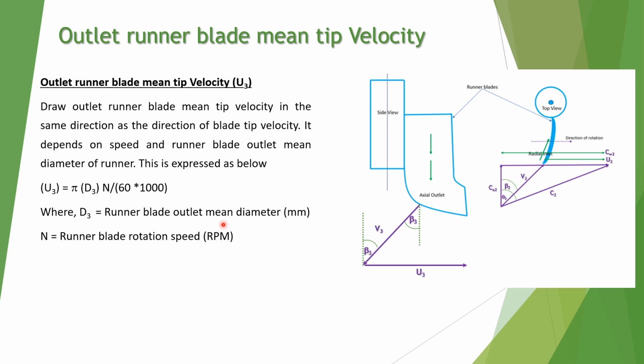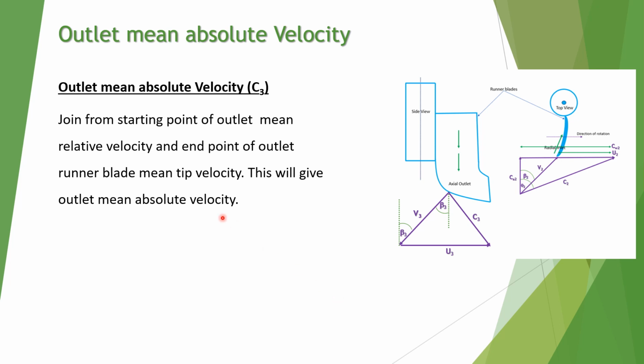D3 is the runner blade outlet mean diameter in millimeter and n is RPM. So through this we can calculate U3. Then the outlet mean absolute velocity, that is C3. You have to join the starting point of V3 and the end point of U3. This will give the outlet mean absolute velocity, that is C3.